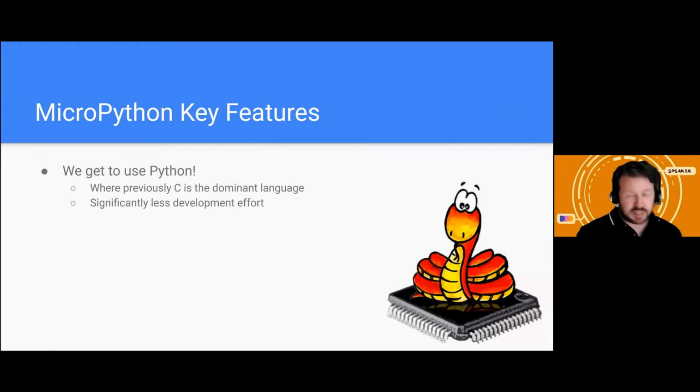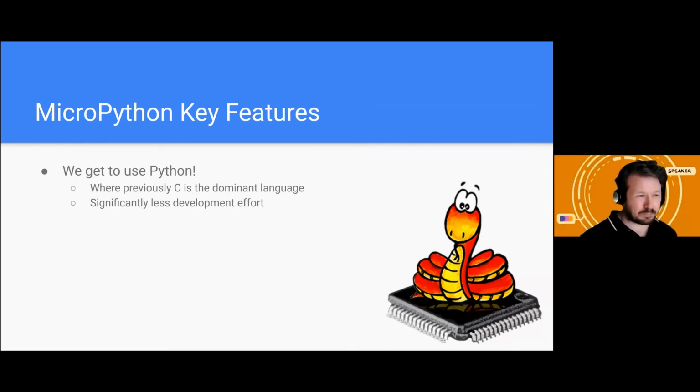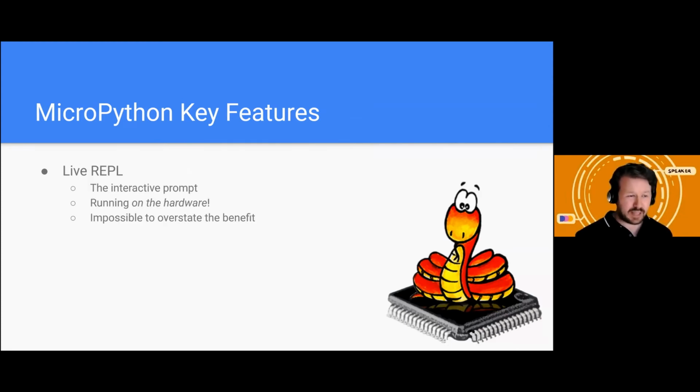So the key features are that we get to use this high-level, wonderful language in a place where the current dominant language is C. So in and of itself, that just makes development much more friendly and much more painless. The other thing that's really hard to overstate is that you've got a REPL on a device.